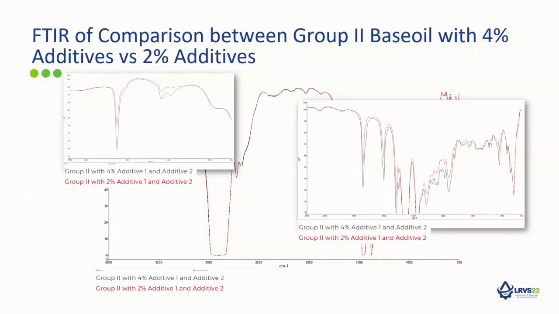Inclusive, and allow us to confidently state that the peaks containing 2% additive 1 and additive 2 are roughly 50% of what is observed in the mixture with 4% additives 1 and 2 as well. In addition, the peak observed at 3380 is present in the 2% mixture. However, it's not at 50% of the peak that is observed at the 4% mixture.